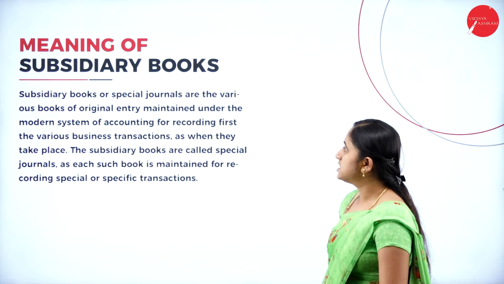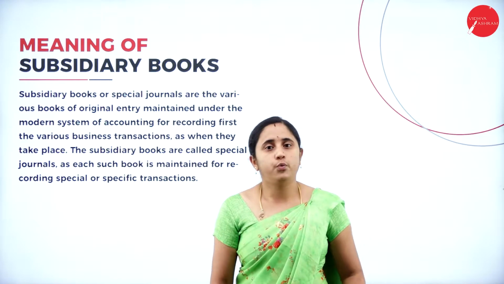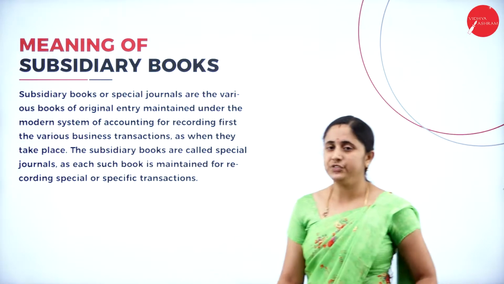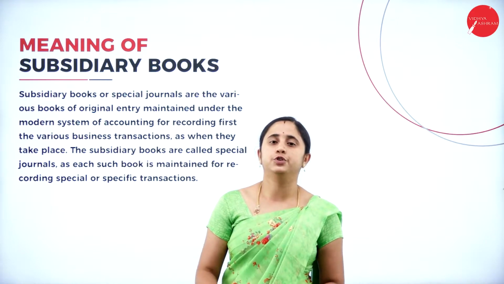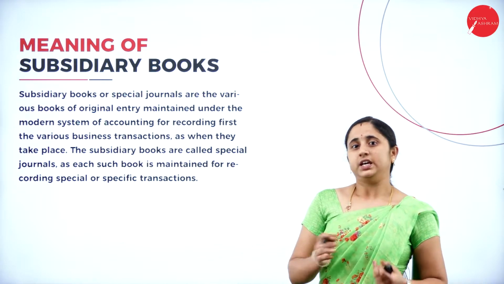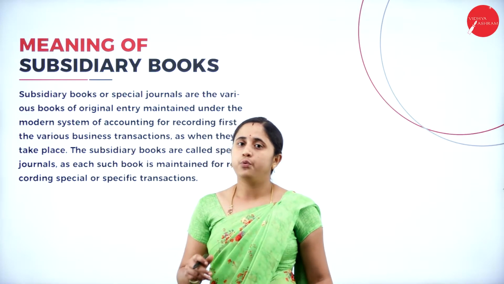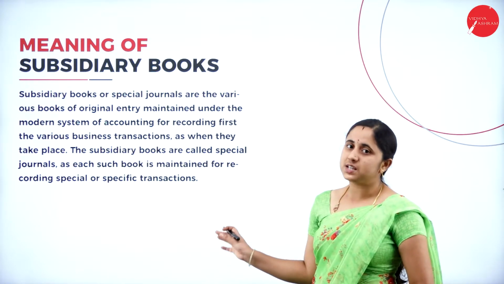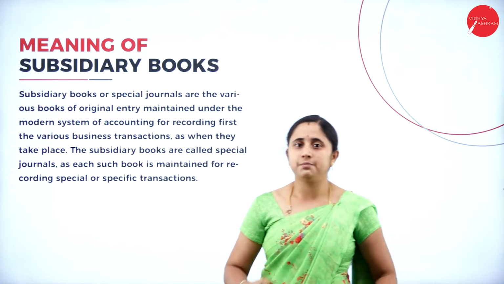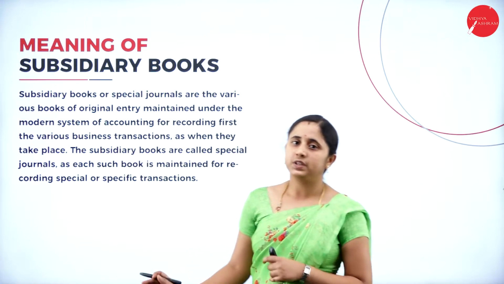That means subsidiary book is a book of original entry where we record all the transactions for the first time. But the journal book is also a book of original entry. But subsidiary book is a modern method of maintaining the records.